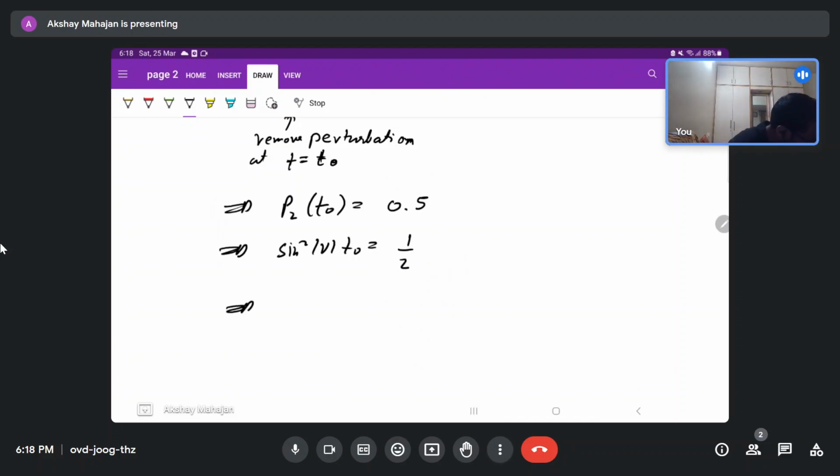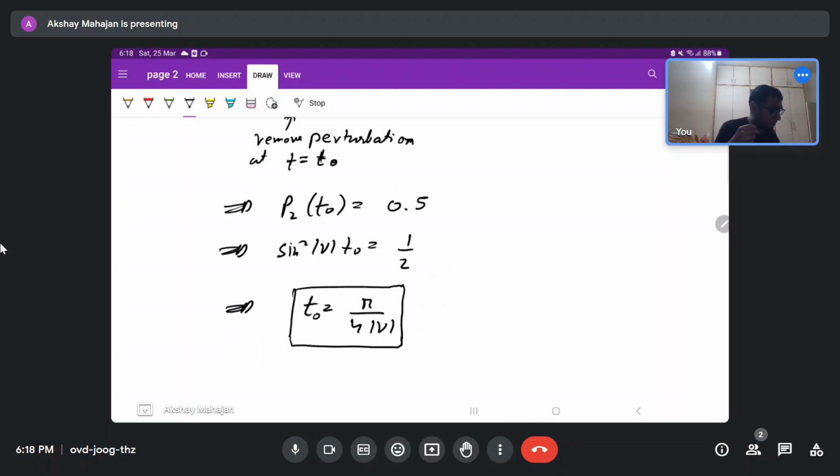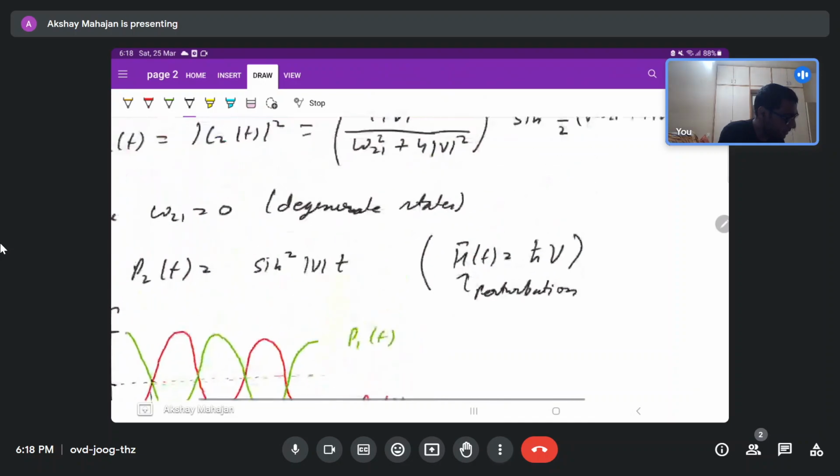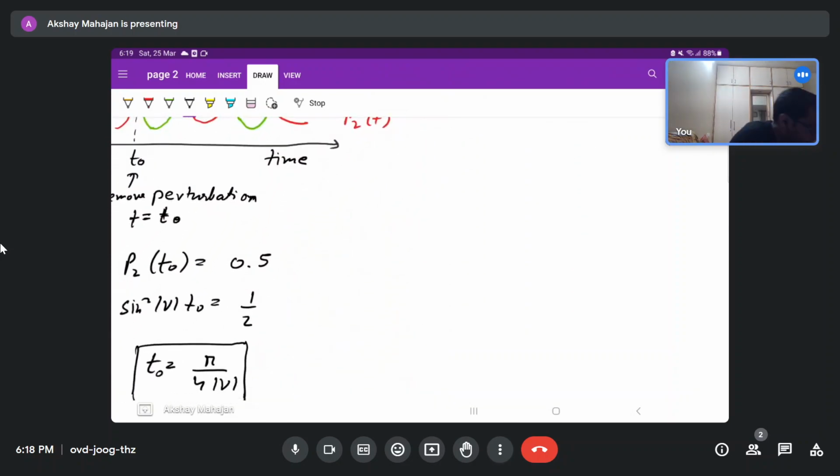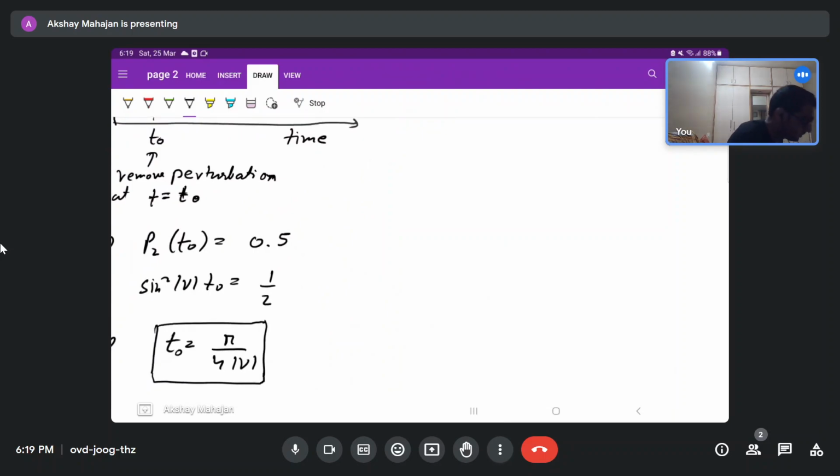So our t, you can check, will be equal to pi upon 4 mod V. You can put it in: the 4 mod V will cancel out, it will be pi by 4, sine pi by 4 is 1 by root 2, squared is 1 by 2. Okay, so that is our t. So we have found t naught equals pi upon 4 mod V.